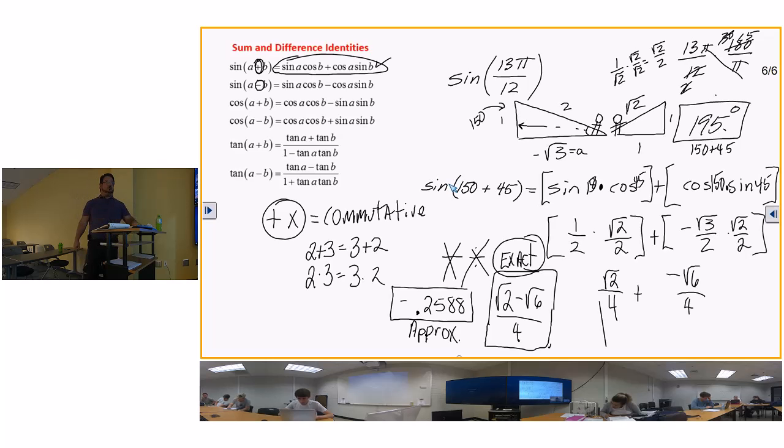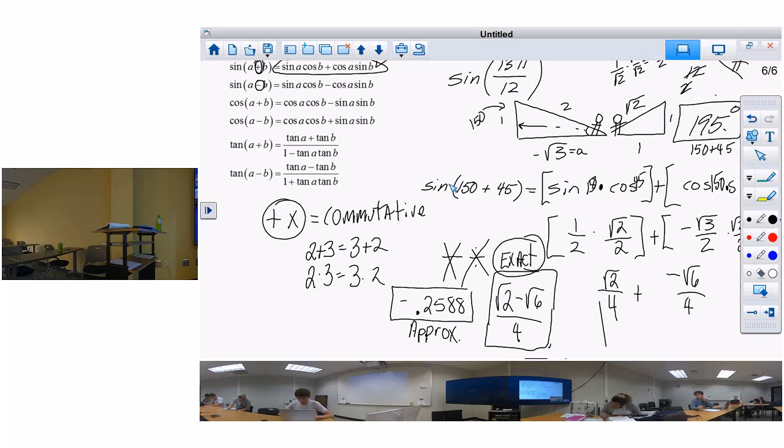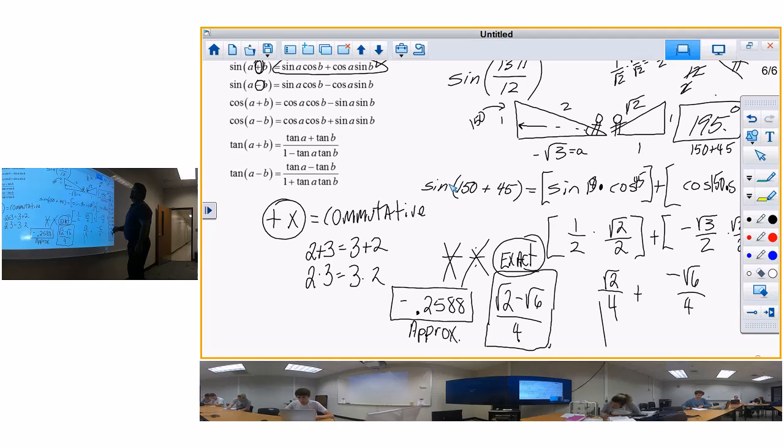All right, now I want y'all to do the tangent of 105. Tangent of 105.